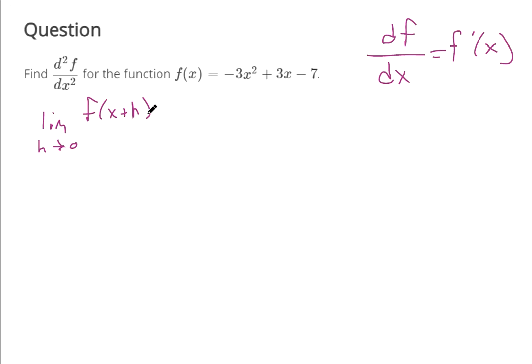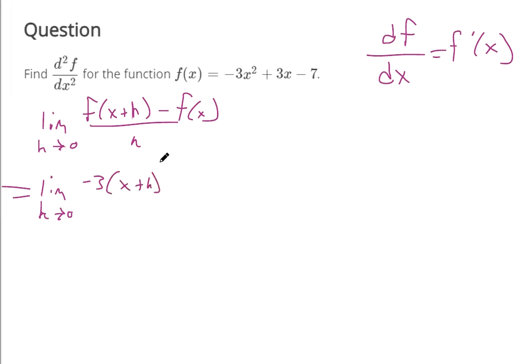So instead of using, like, 1 for our location, we have to keep x in there because it's for all values. And we subtract that by f of x and divide it by h. So f of x plus h means we're supposed to plug in x plus h everywhere we see an x in this function.